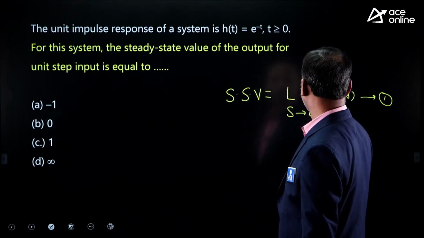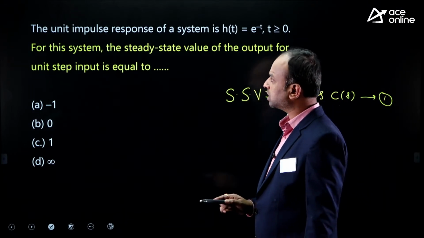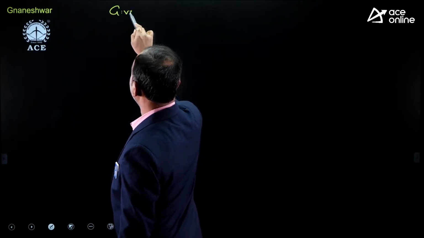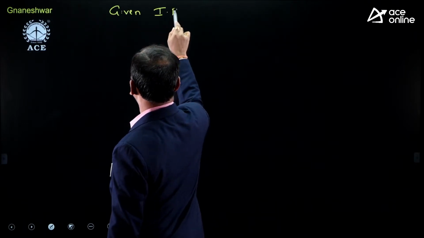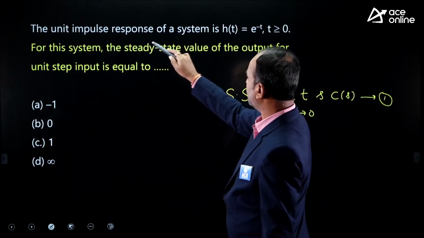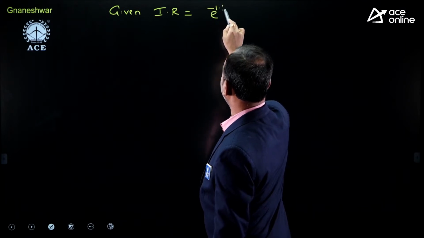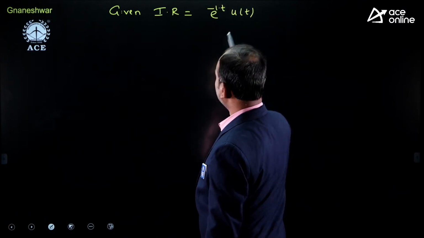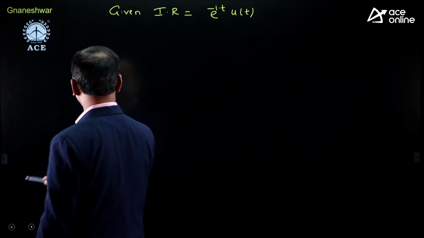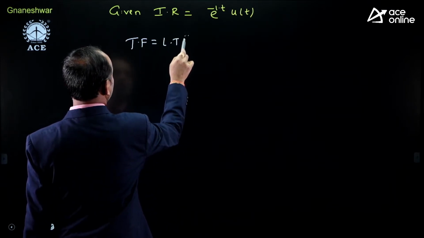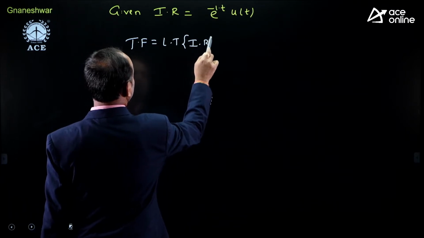So we have to get C of s here, but the impulse response is given. The impulse response is e power minus 1 into t, u of t. The transfer function equals the Laplace transform of the impulse response.